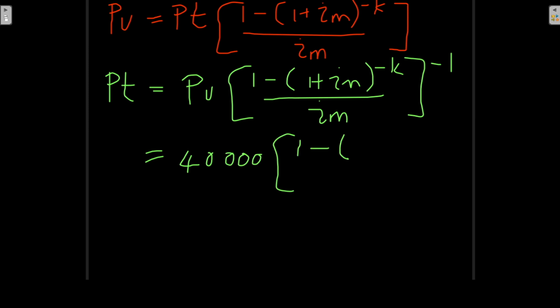The interest rate is 21% per annum compounded monthly, so that's 0.21 divided by 12, or you can just write it as 0.0175.